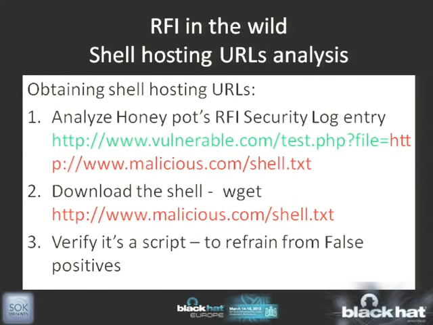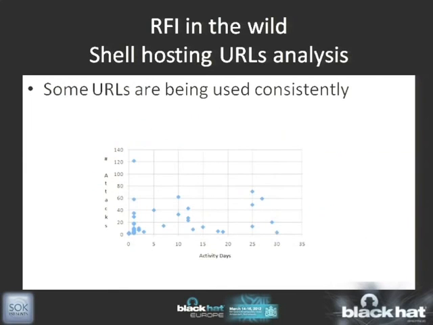Then we downloaded the shell and verified it as a script to refrain from false positives, and we looked at the attacks from the perspective of the usage of that shell. We saw that some URLs are being used consistently.